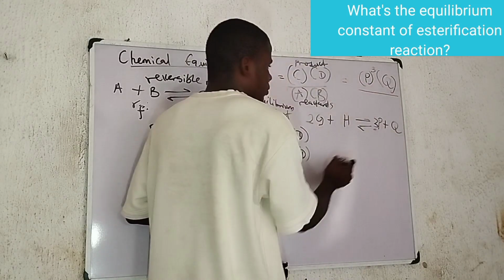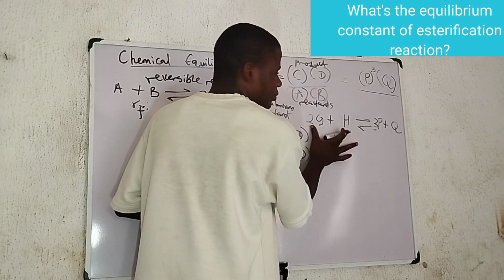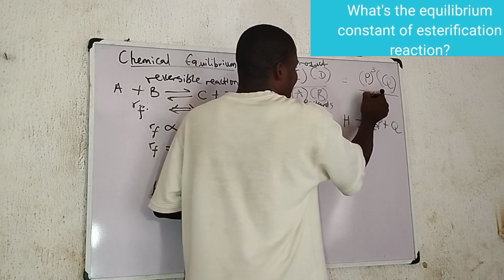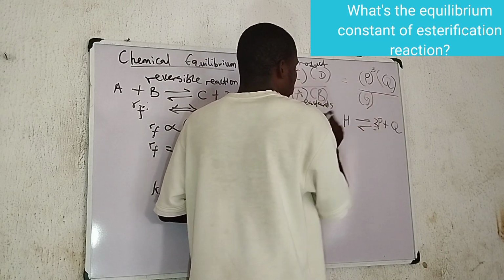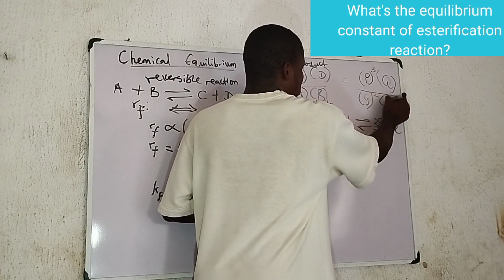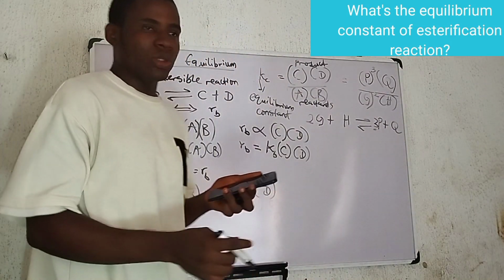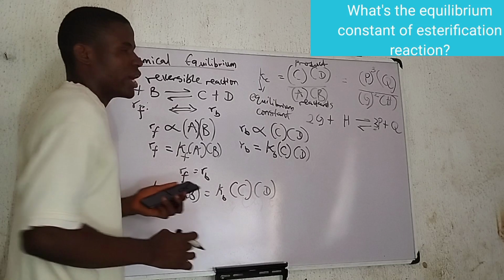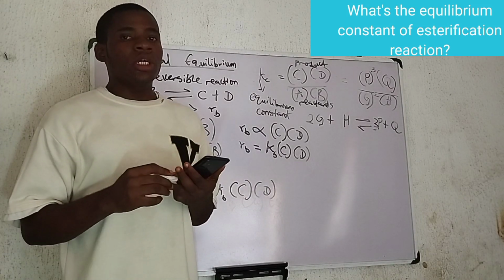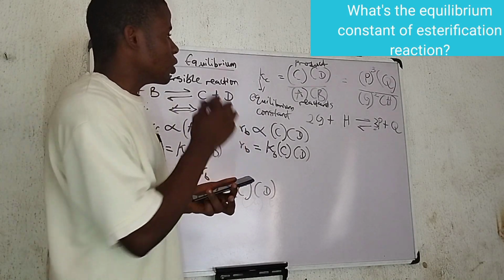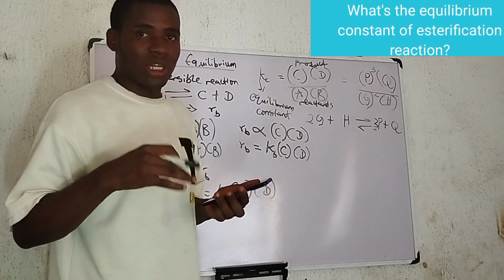All over the reactants, right? So I have G raised to power 2 times H. I hope it makes sense. So this is the equilibrium constant, and I know you understood how I derived it. Does it make sense? So let's now go to the question on our screen.